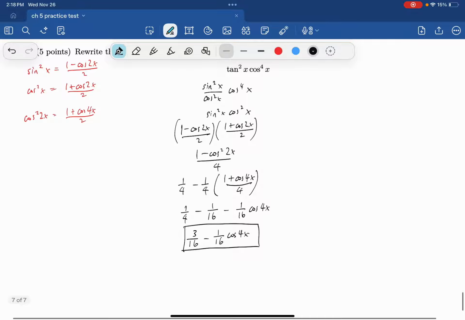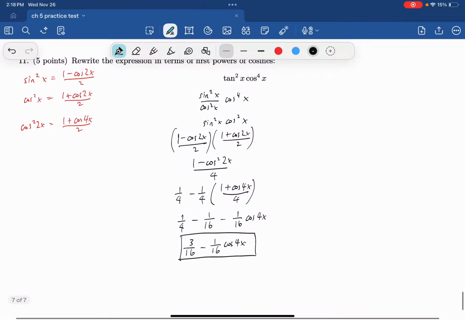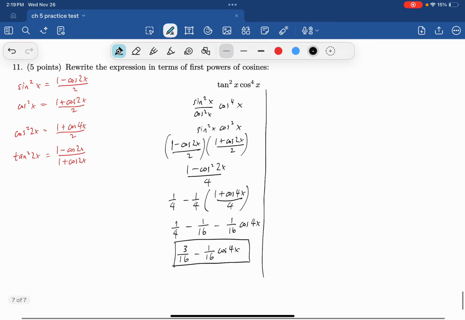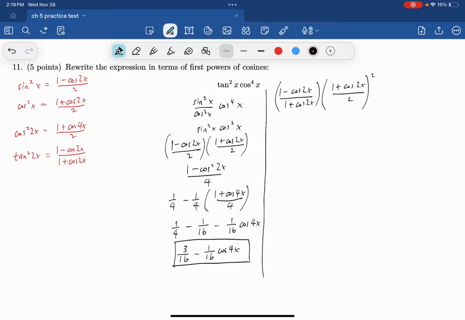All right, maybe I'll show you the other way, just for fun. We also know that tangent squared x is equal to sine squared over cosine squared, so that would be 1 minus cosine 2x over 1 plus cosine 2x. So another way of doing it would be to do this, right?